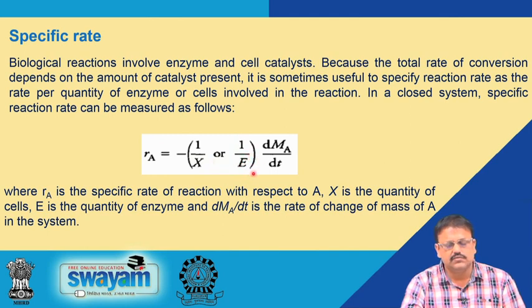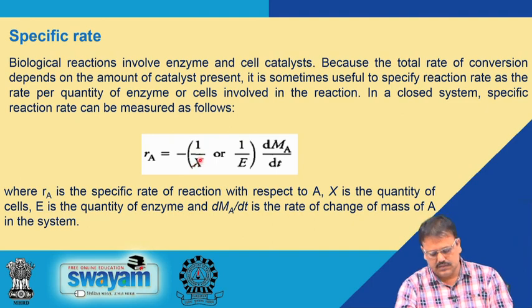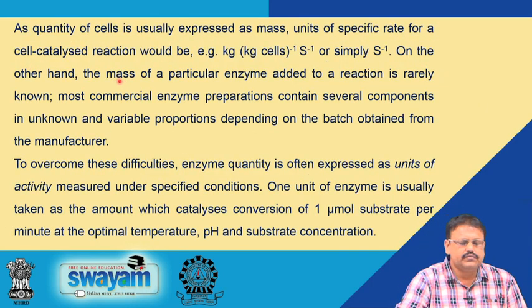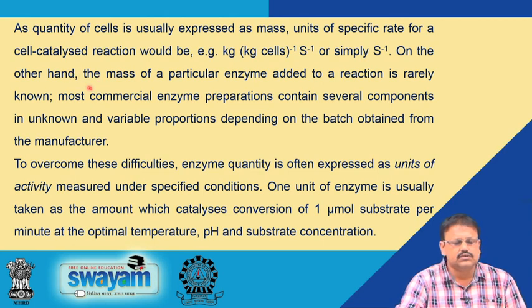Using enzymes, how much product are we getting per unit volume of reactor, and similarly for biomass, 1/x times dm_A/dt, how much product is forming per unit mass of biomass, specifically microbes. But these also differ by origin: what types of microbes we are using, their age, their quality also matter.